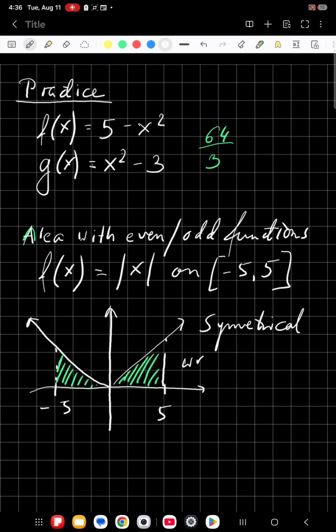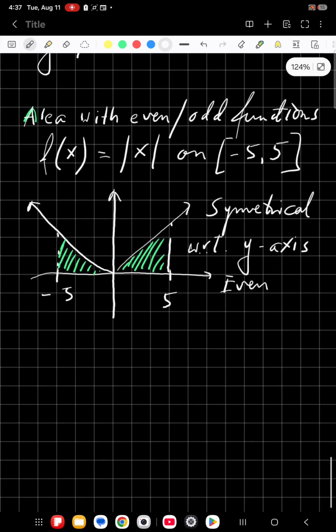With respect to the y-axis. So that's what it means to be even. So the function is even. If you're doing this the regular way, you would calculate that area on an interval from -5 to 5.